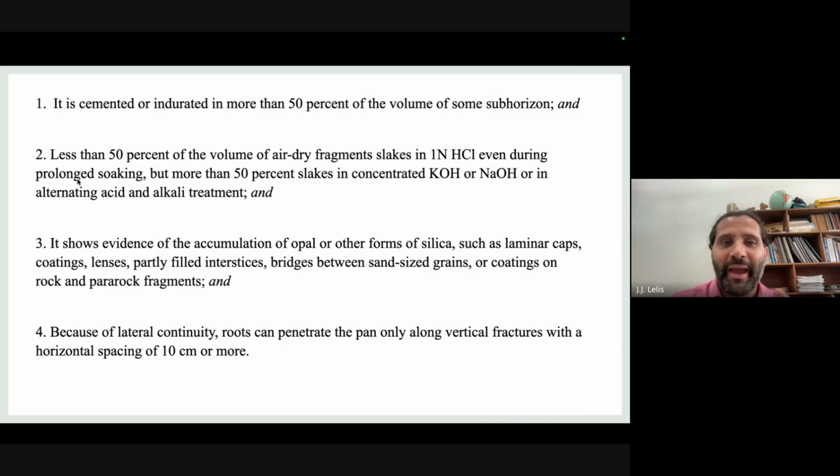So when I put some soil in hydrochloric acid, I cannot see these fragments being destroyed, being dissolved, okay?